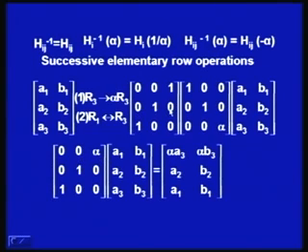Similarly, one can multiply the second row by this: we will have 0, this multiplied by this is 1, this multiplied by this is again 0. Then this row multiplied by the second row is 0 and the third row multiplied by the third column is again 0.